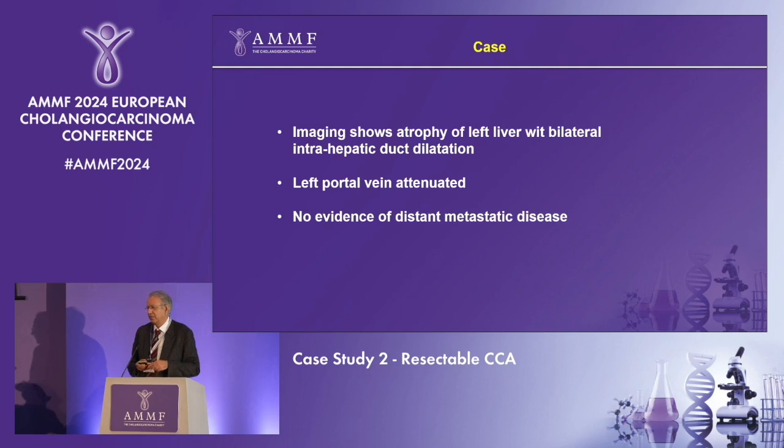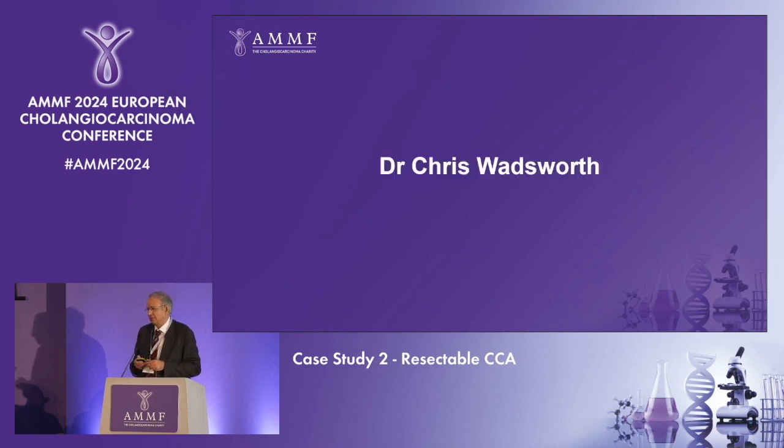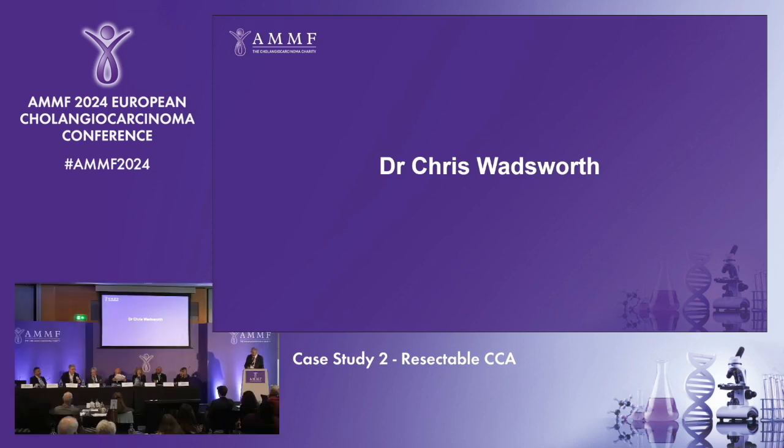So essentially, to summarize that, what the patient had is an atrophied left liver, and the left portal vein, taking blood into the left liver, was attenuated, but there didn't seem to be any obvious evidence of metastatic disease, which is hopefully good. So the first bit is this patient's jaundiced, so we need to try and save their life by dealing with the jaundice, so we want to focus on that bit. So I'm going to pass on to Chris. If you've got your thing there, you can move the discussion forward.